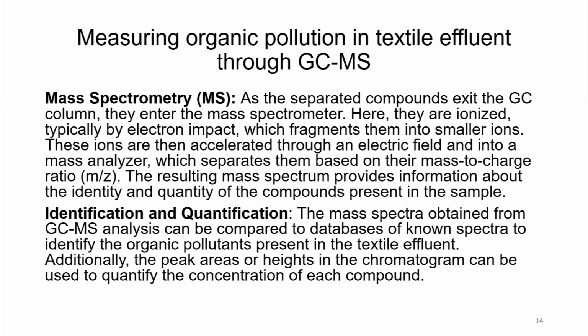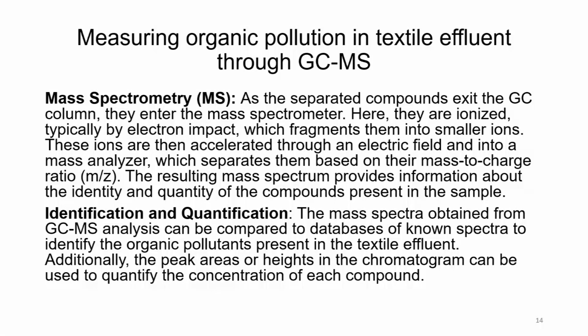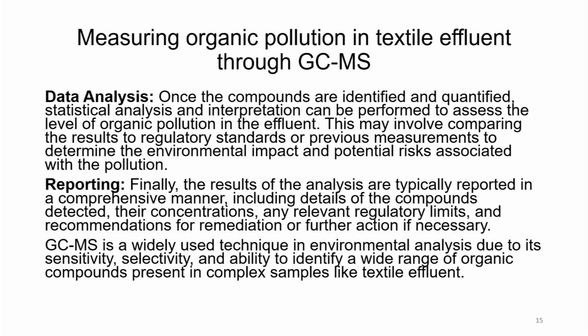One of them is called the NIST library. So, from the library search one can identify the peak that has appeared in the spectrum. Additionally, the peak area and heights of the chromatogram can then be quantified for concentration of each compound.